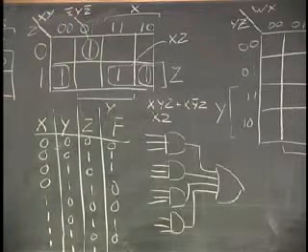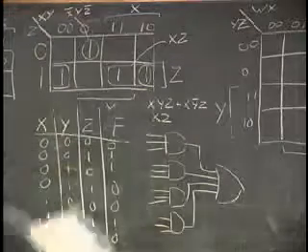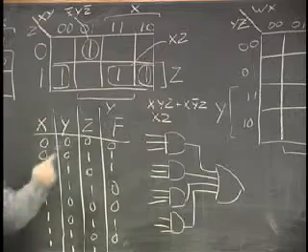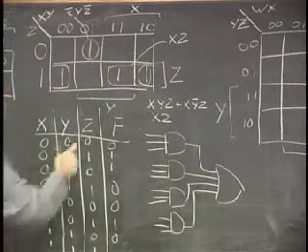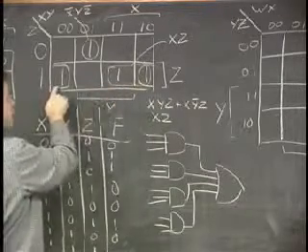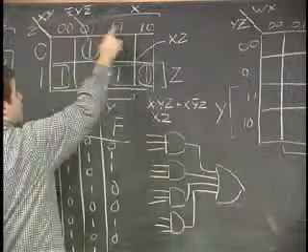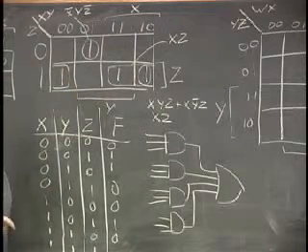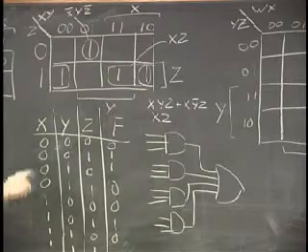And then there's this last one here. Instead of doing this every time, let's be a little smarter and look at what's going on. We've drawn these brackets in here so we can see, let's look at this one. This stays not y for both of them. It stays z for both of them. But x is 1 here, so it changes. So we're going to eliminate the x in that expression. Everybody get that? Are you okay?